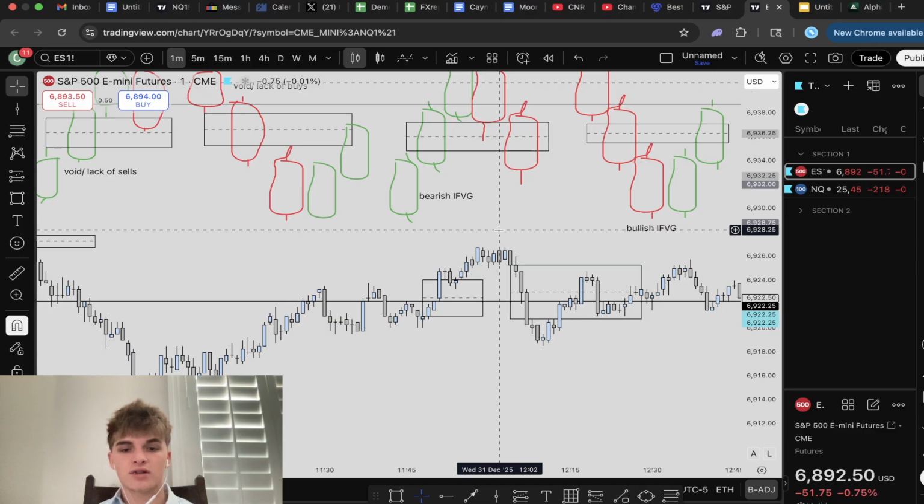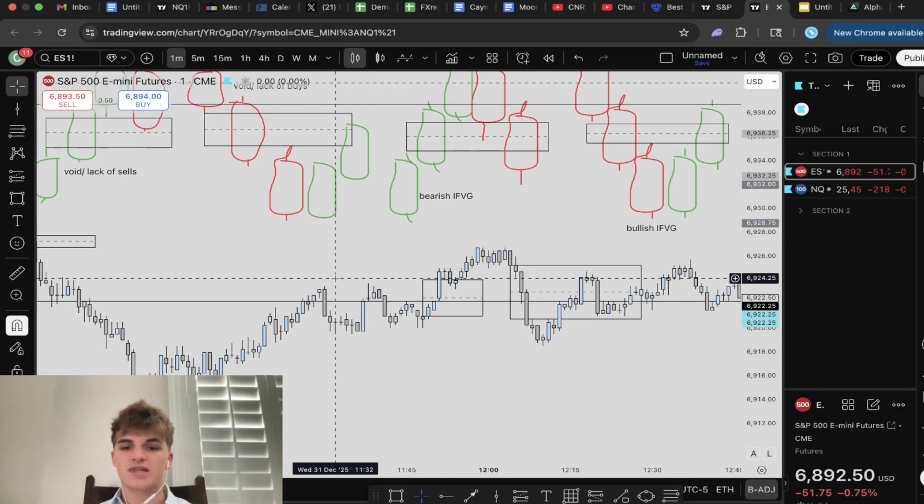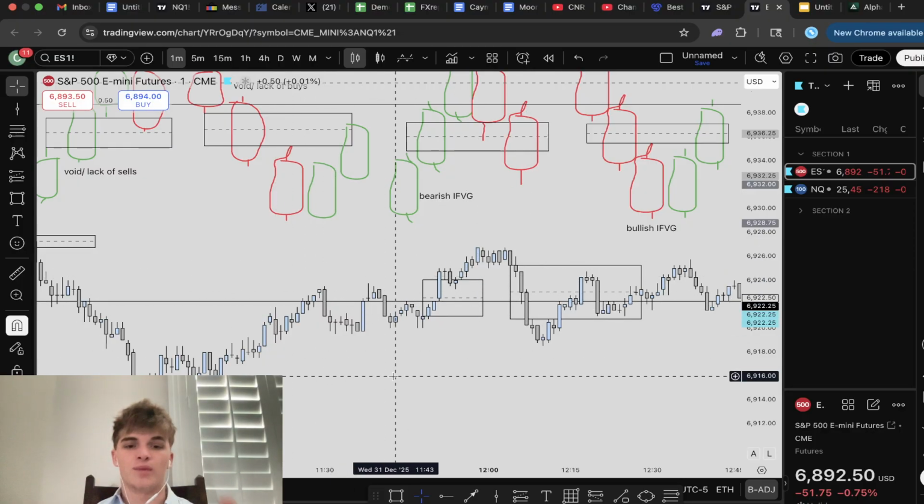The size of them doesn't matter either. It can be the tiniest little fair value gap or the biggest one in the world, and they are going to be used the exact same. You retrace down into the area that has a lack of orders, depending on which way you're coming from, and you're going to push out of that or break through it.